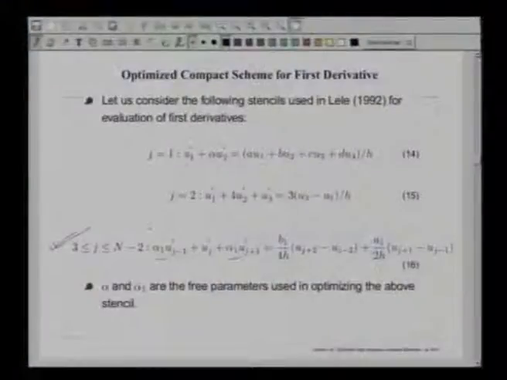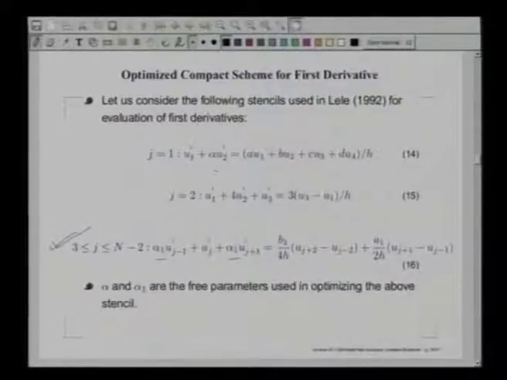So, what we have done is, for j equal to 1, we have written a one sided scheme, because you see the points are available only in one side. So, if I am looking at j equal to 1, I can only take information from 2, 3 and 4. So, that is your right hand side, whereas on the left hand side I have tried to keep the implicitness of the scheme.